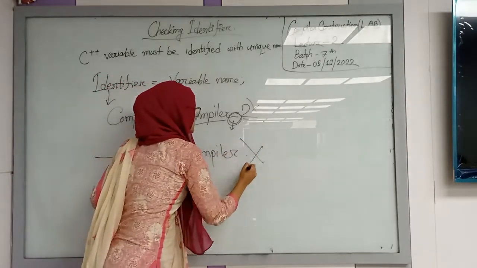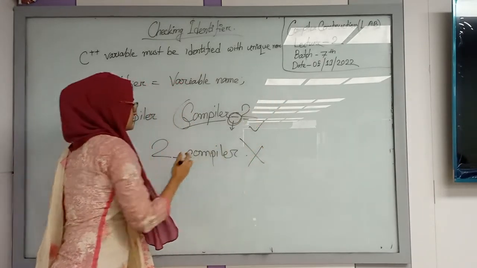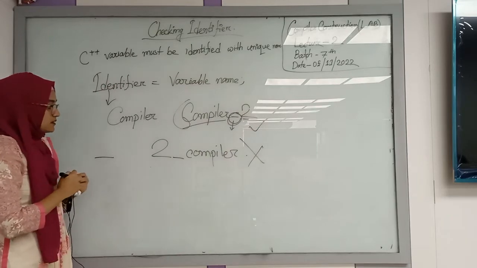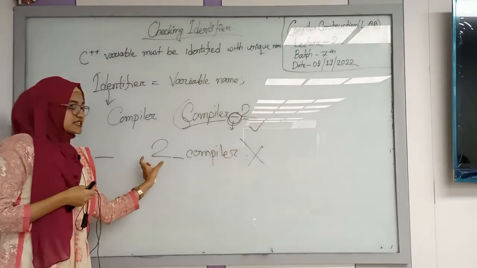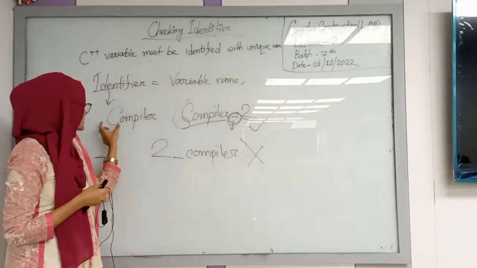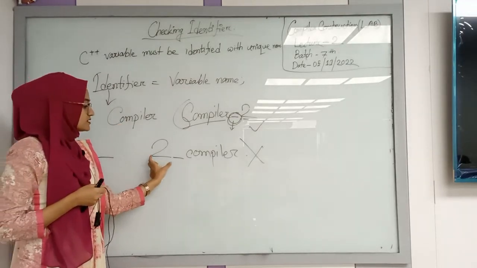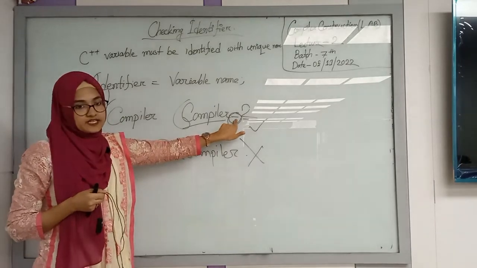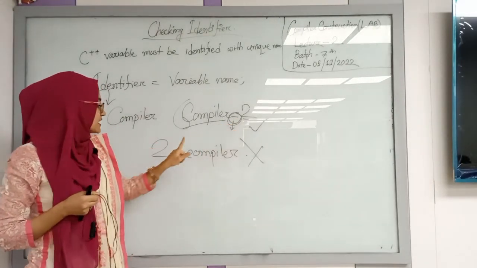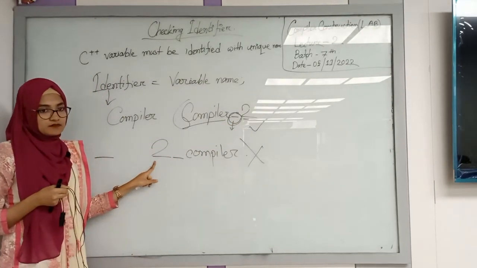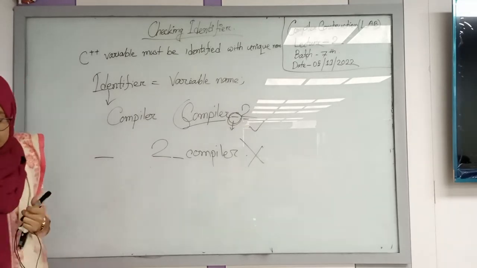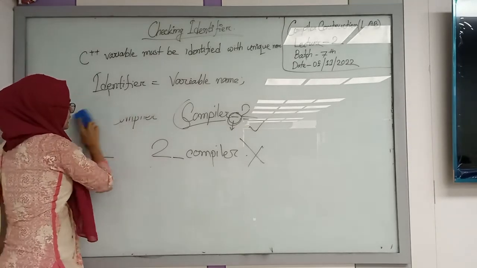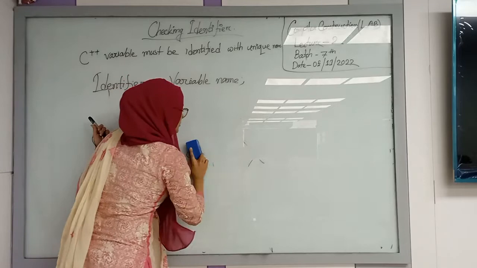No, it's not an identifier. This one is an identifier. This is the first character, right? The first character must be an alphabet or a special character. It cannot be a digit. So what is the first rule?